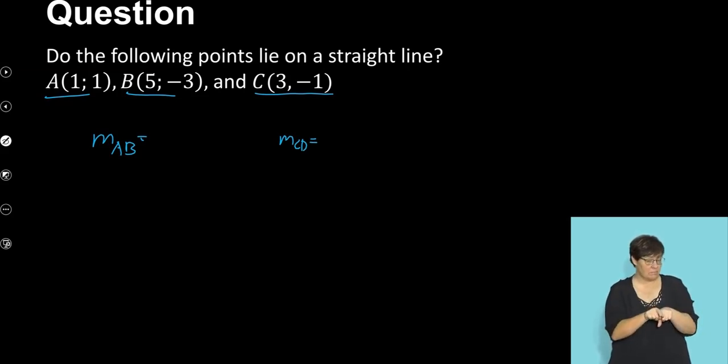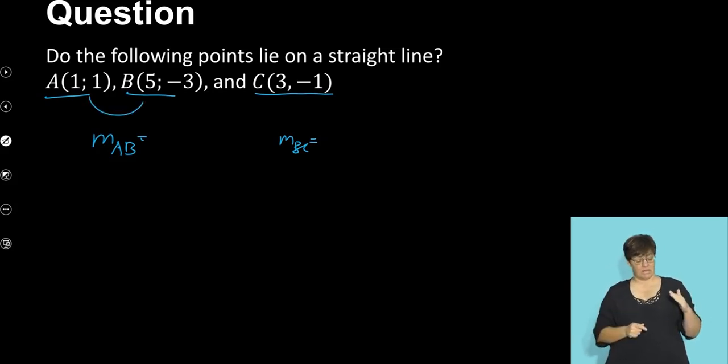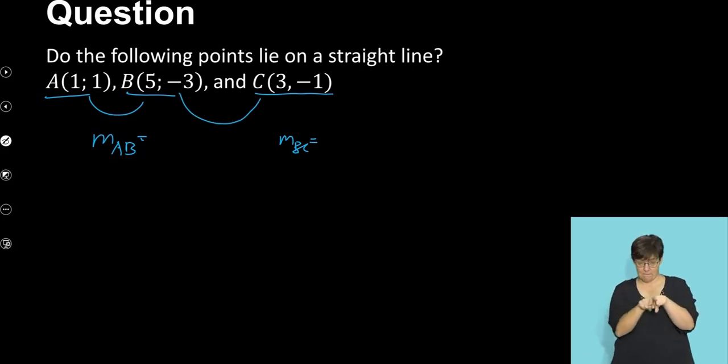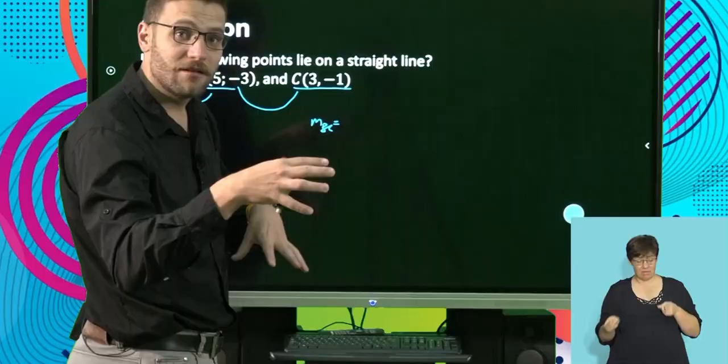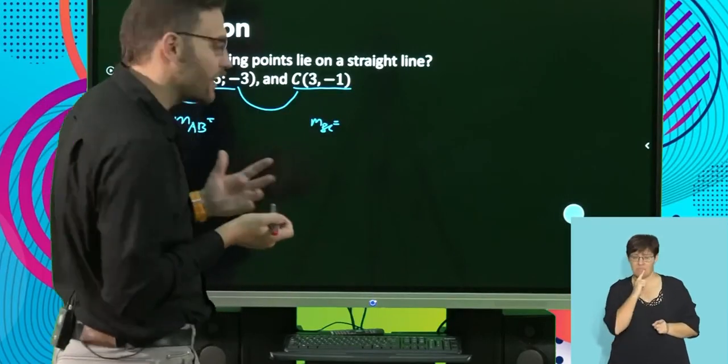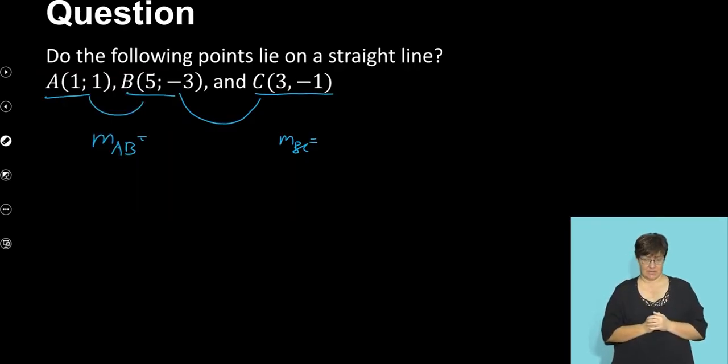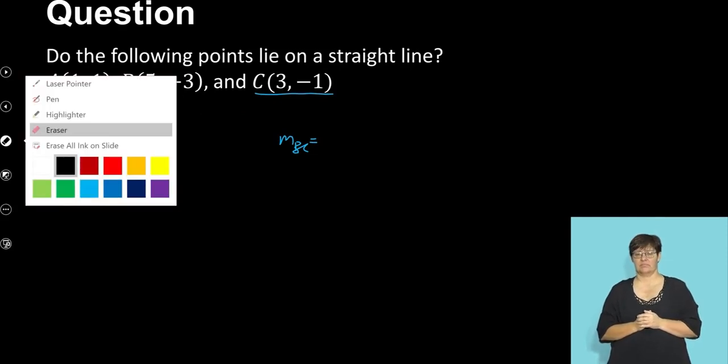If they are the same, it's a straight line. If they're not, then it's not a straight line. And so very simply, let's go do that. Let me just erase here so I've got more space.